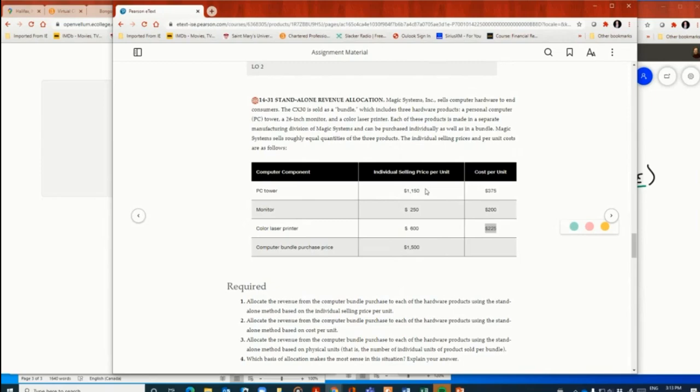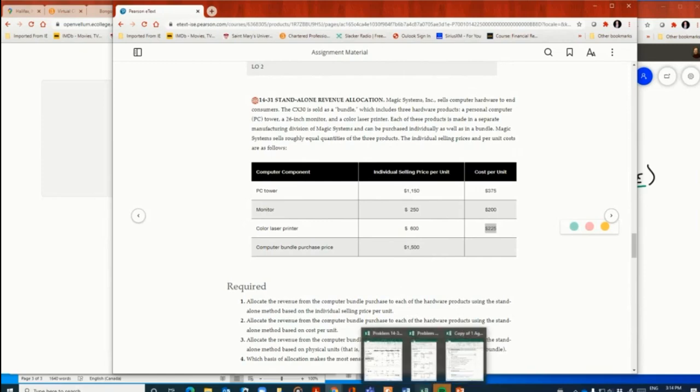So this one, they say, let's allocate it based on, say, revenue, right? So what's the normal revenue? What's the percentage of each? And we'll get the same percentage of the revenue for each of our different product lines.